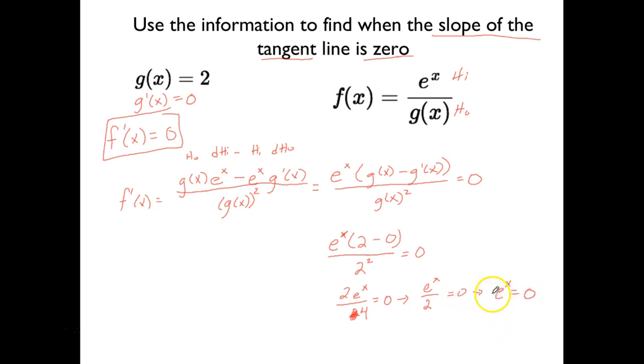Okay, and then let's do the natural log so we can solve for it. Natural log of e cancels each other out, leaving me with just x equals natural log of 0. Okay, well, if you think about your graph of natural log, let me graph it real quick.